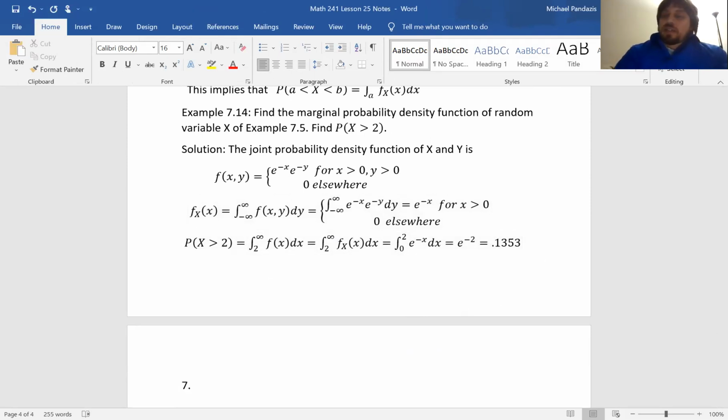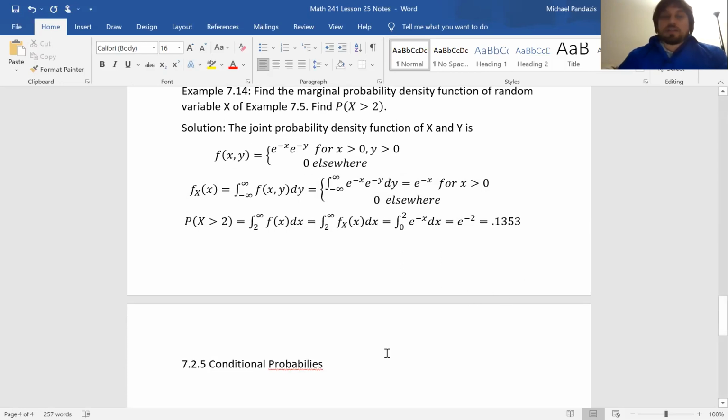All right, so the next section is 7.2.5. And it's on conditional probabilities, or conditional distributions. Okay, so we're going to let x, y be discrete random variables.